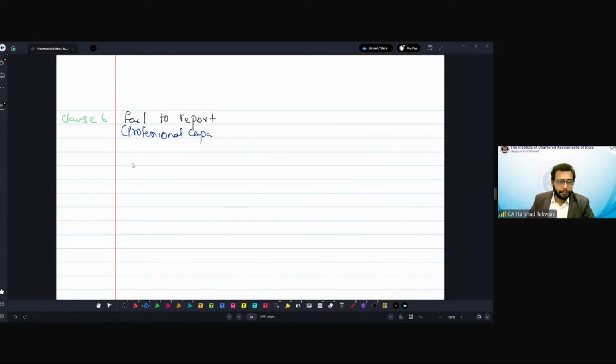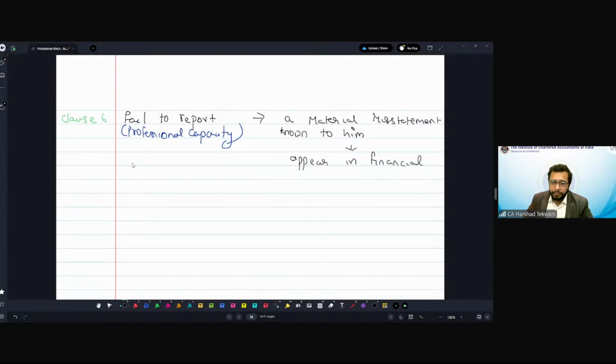So if I fail to disclose, fail to report a material misstatement known to him, which appears in the financial statement, where he is concerned in a professional capacity, in that case, he will be held guilty of professional misconduct.